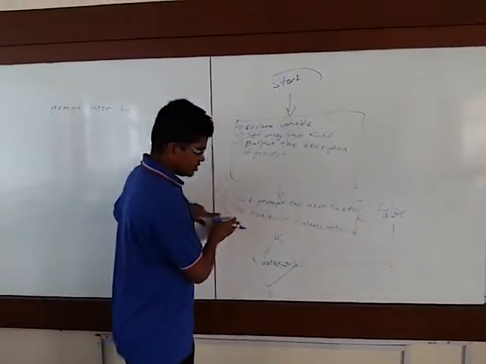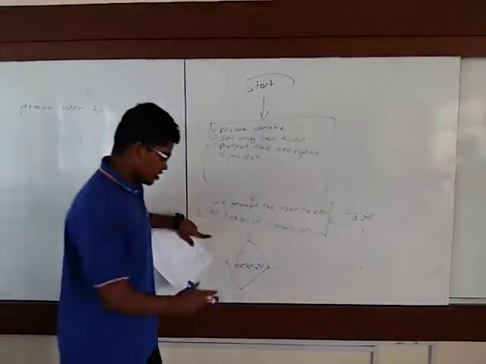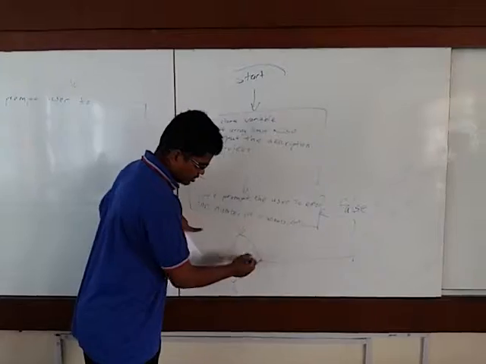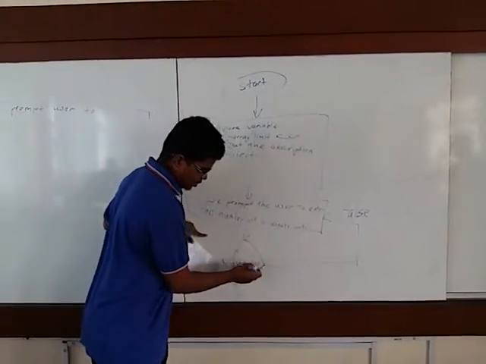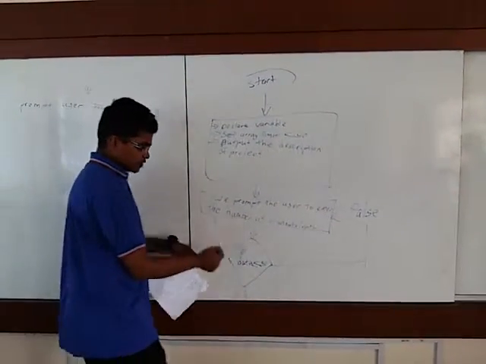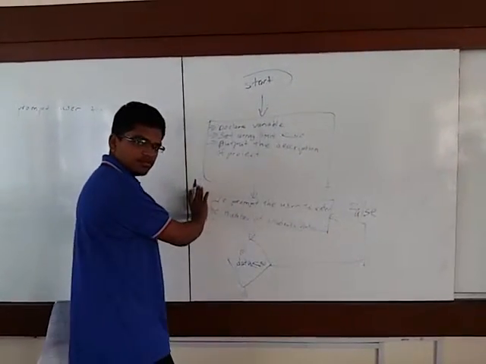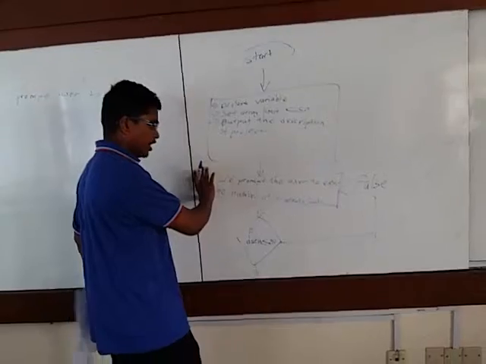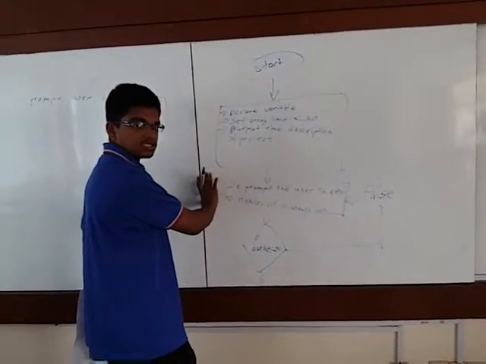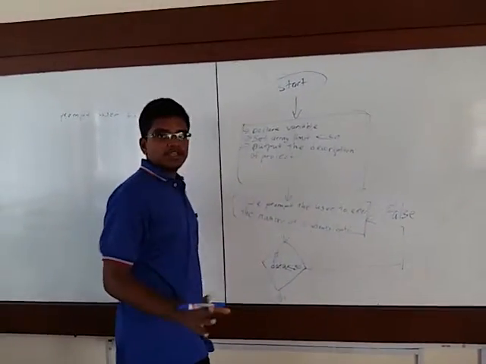Okay. After this, if the data is less than or equals to 50, we'll proceed to the next step. If it is not, then we'll go back to the step before to prompt the user to enter the number of data below 50 this time.